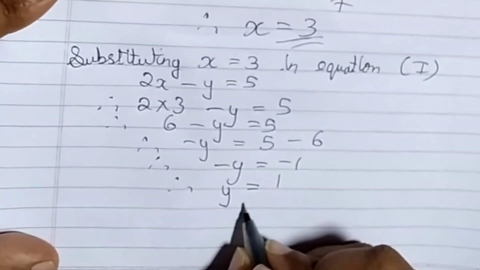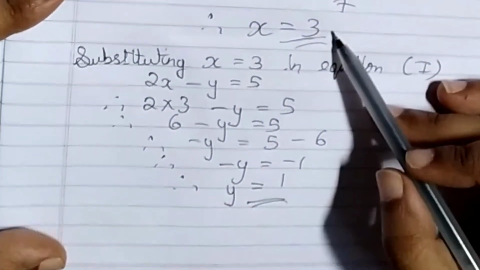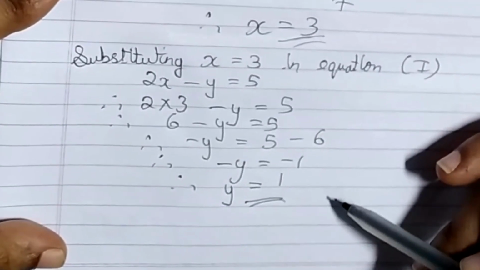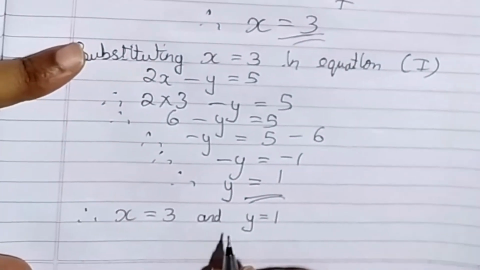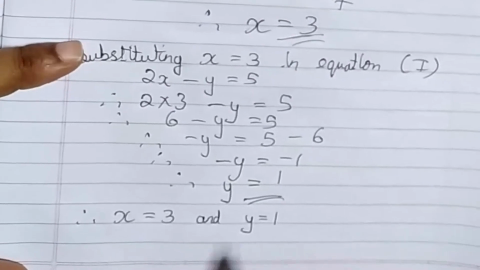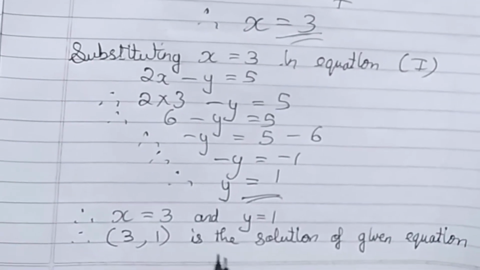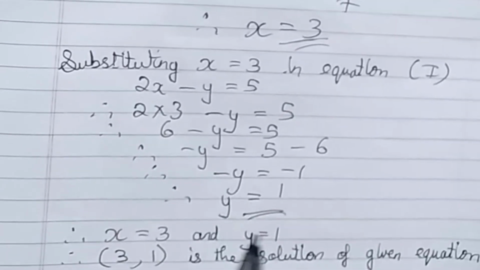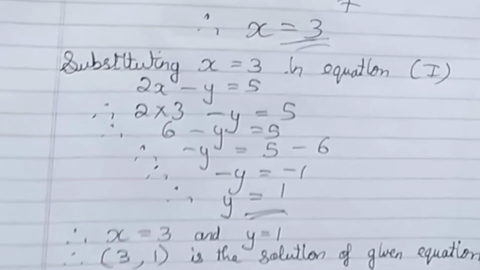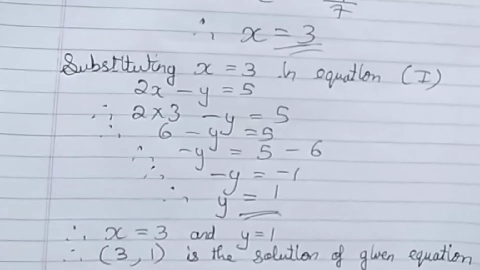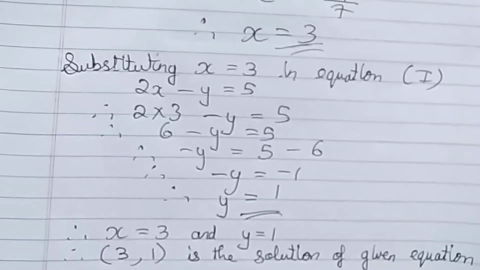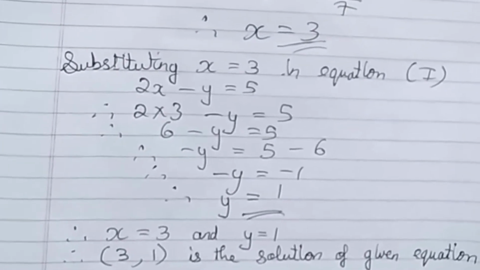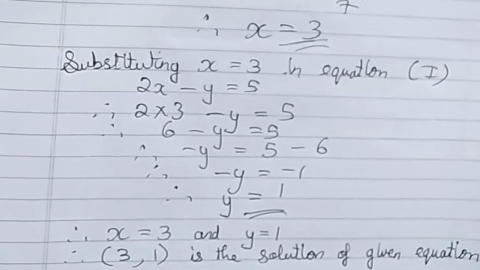So we got the value of y as 1. So x equal to 3 and y equal to 1. Therefore (3, 1) is the solution of the given equation. This solution we have written in the form of an ordered pair. That is, x equal to 3 and y equal to 1 is the solution of the given equations.